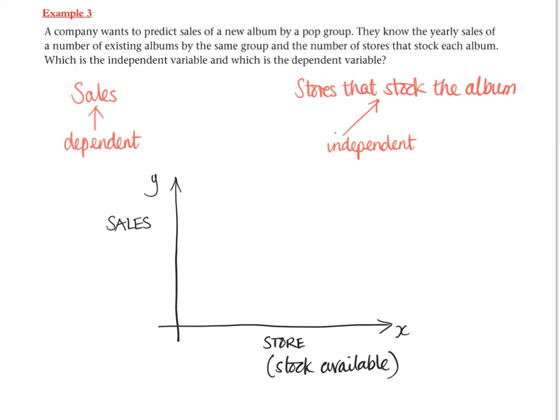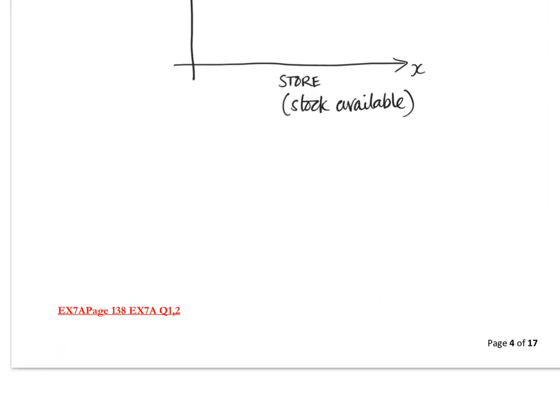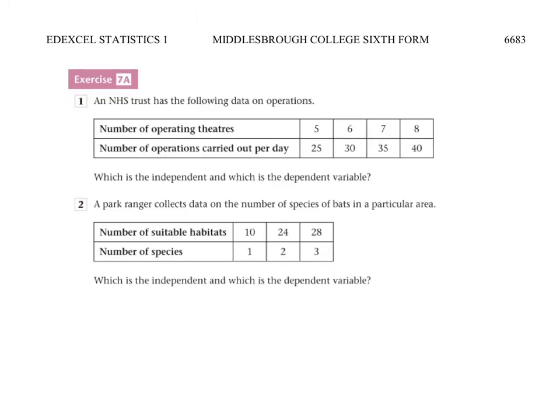What I'd like you to do now is on exercise 7a, we've got two questions to do, 1 and 2. So looking at 7a, the first question, the number of operating theatres and the number of operations carried out per day. So which one depends on what is what we've got to ask ourselves.